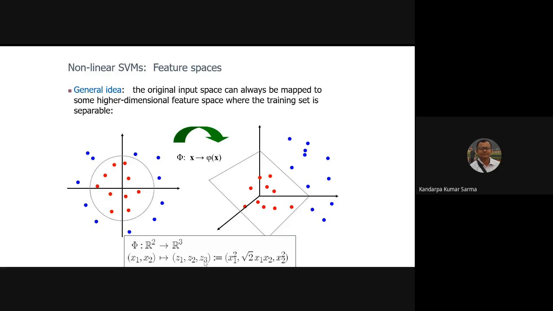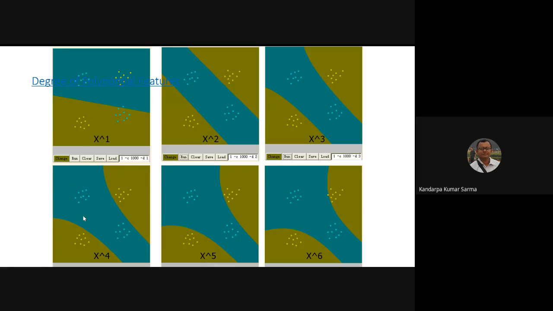In that case, we need to do some high dimensional feature space transformation. Here are some cases where boundaries are generated for x to the power of 1, power of 2, power of 3, power of 4, power of 5, and power of 6. That way, the decision region boundaries can be separated.